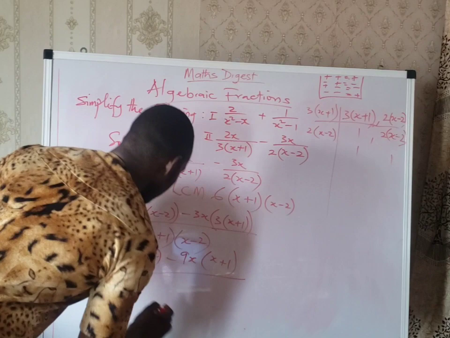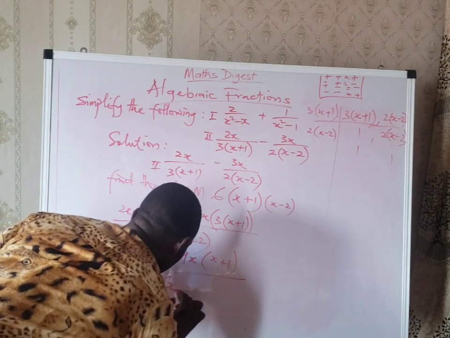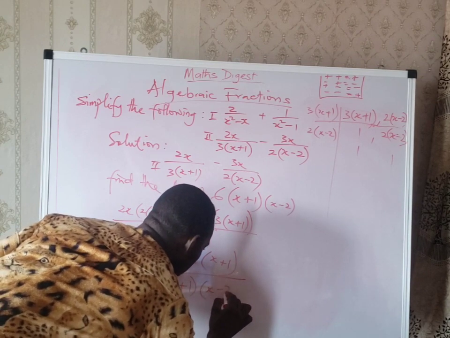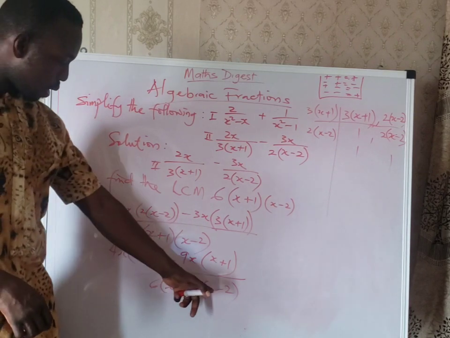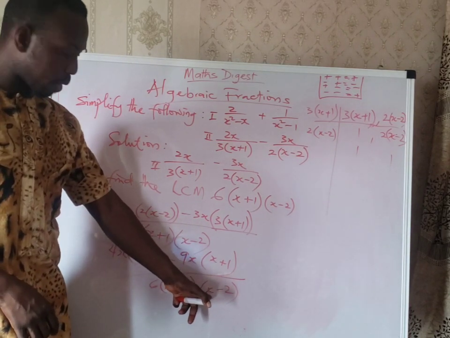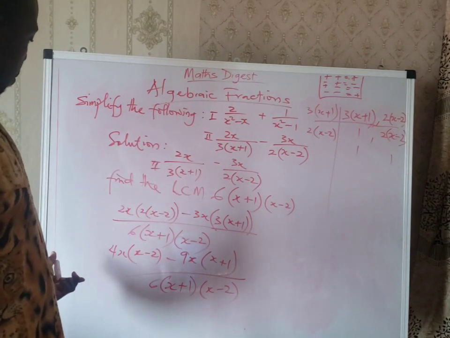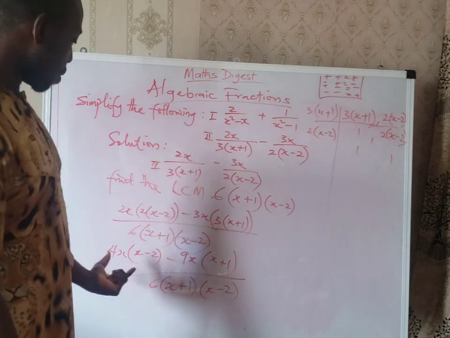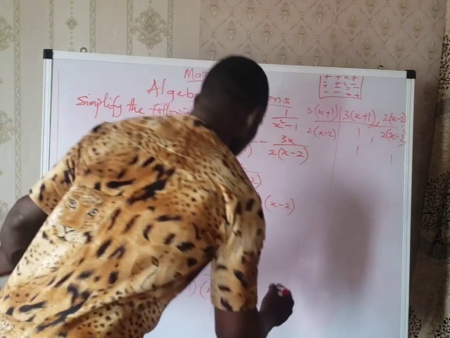Now, on this we have 6 in brackets x plus 1 and open another bracket x minus 2. Now from this angle we will multiply out again because we still have brackets at the numerator end.